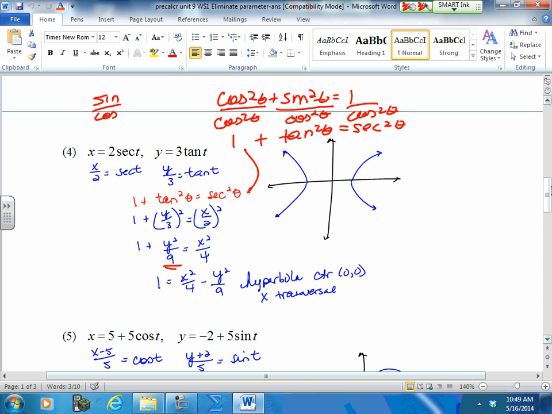If it's any of the trig functions, your t is 0 to 360. It came off the x transversal because the x was first. Good? And use your identity. If you wanted the cosecant and the cotangent, then you would divide everybody by sine squared. But you're going to use the secant and the tangent for the hyperbolas.